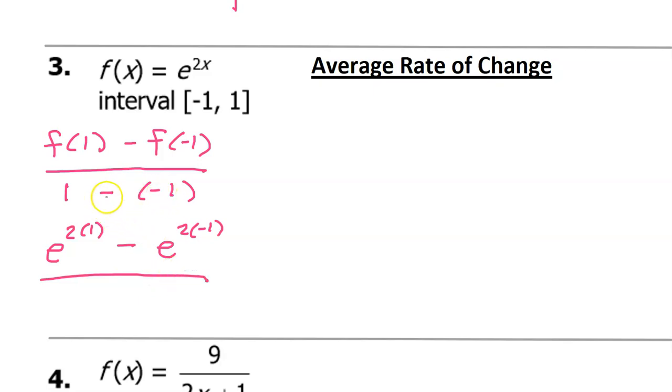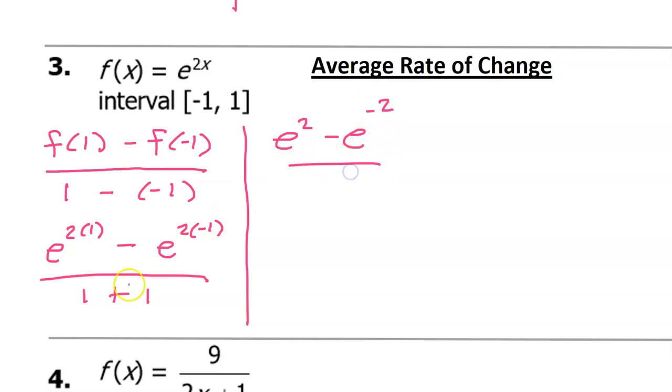Minus a negative is addition, so I think I'll go ahead and put 1 plus 1 here for fun. E to the 2 times 1, that's just e squared. And then here, e to the 2 times negative 1 will be e to the negative 2 power. Meanwhile, 1 plus 1 is 2.